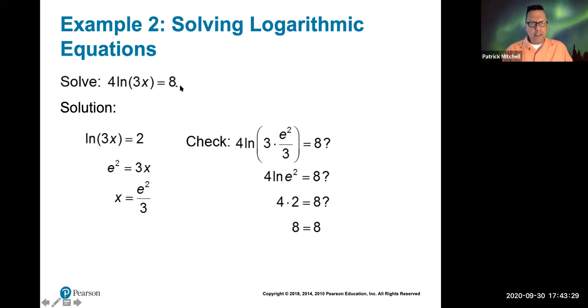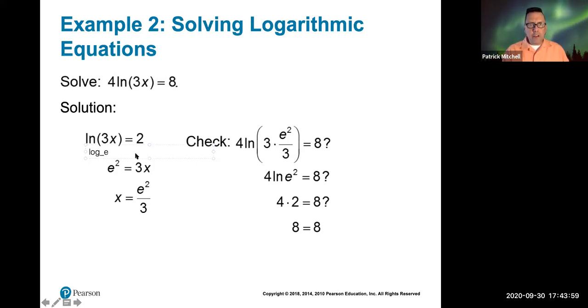Now, what you might find helpful, except, shoot. Okay, well, let's do this. Remember that natural log is log base e.